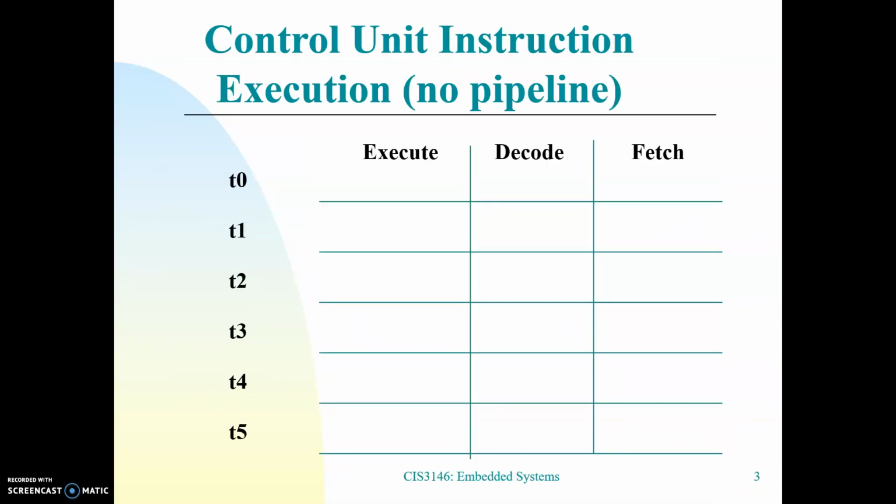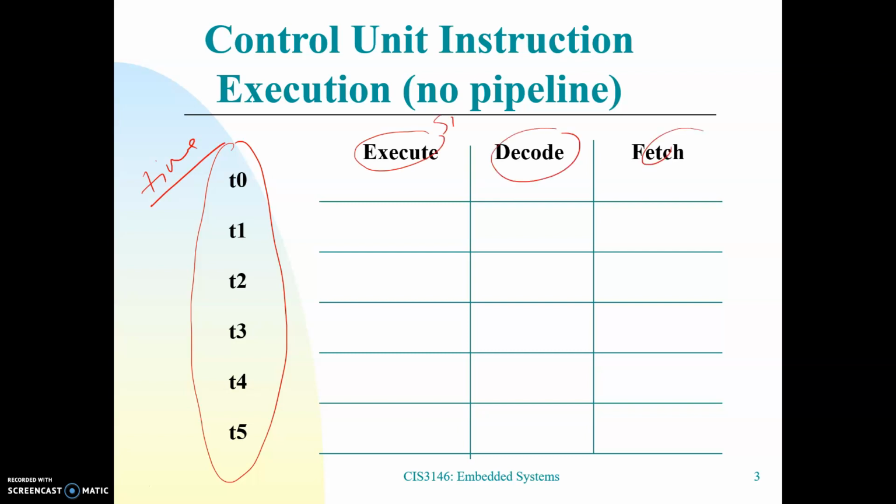Here I have presented how the instruction and timing will get synchronized for the execution of any instruction. This T0 to T5 represents the time, and here you can see I have given the stages: S1 execute, S2 decode, S3 fetch. So first of all fetching, then this, and then this.